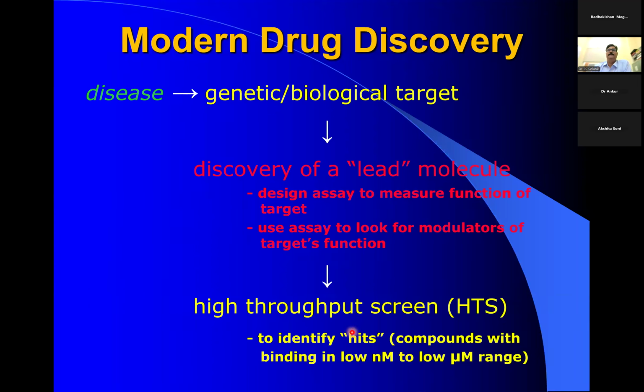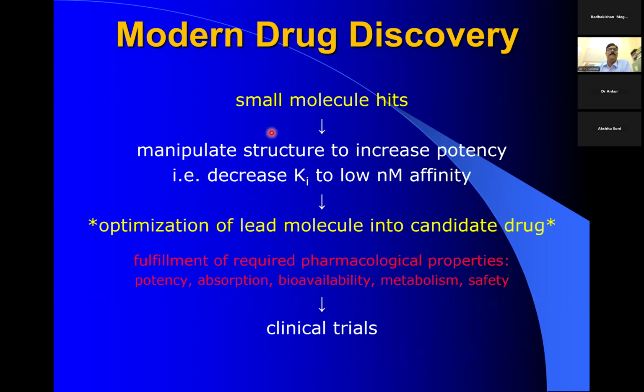We obtain these small molecule hits through high throughput screening, then manipulate the structure to increase potency, that is, decrease the Ki to low nanomolar affinity, which is optimization of the lead molecule into a candidate drug.